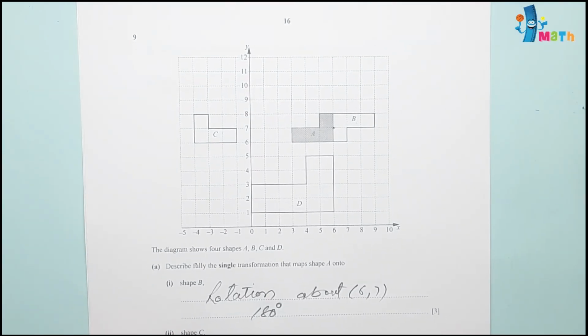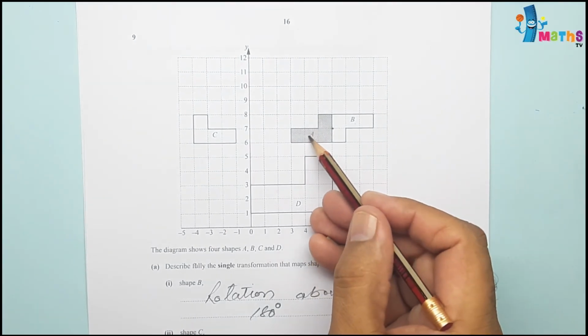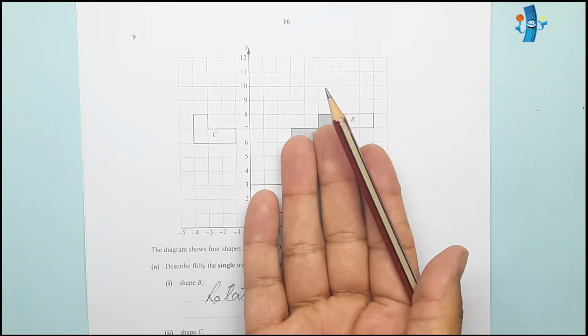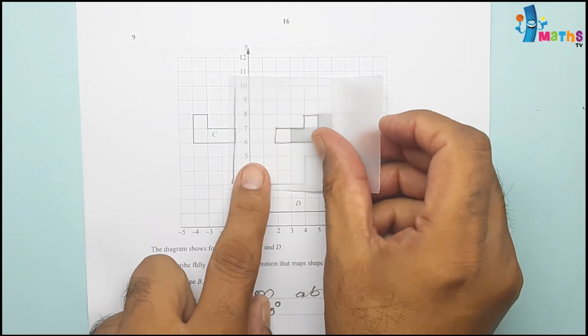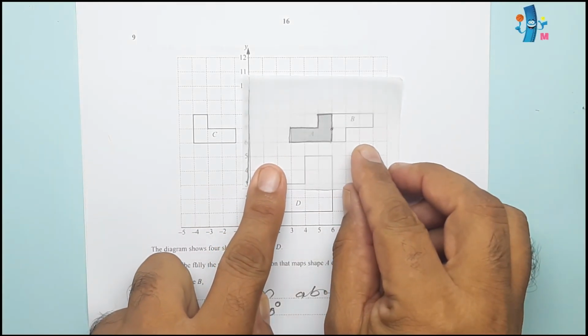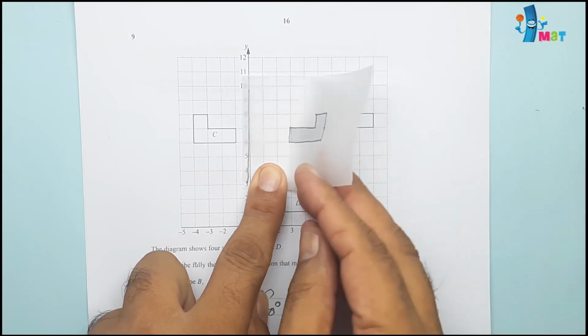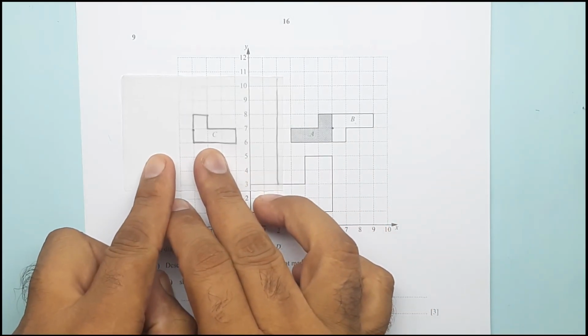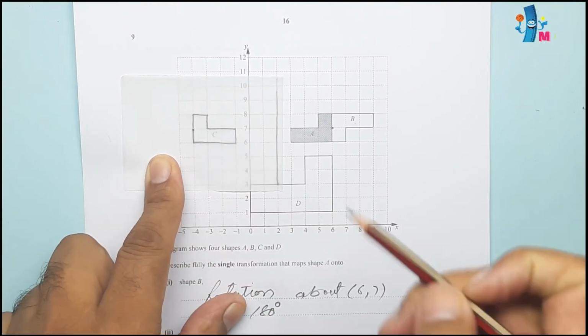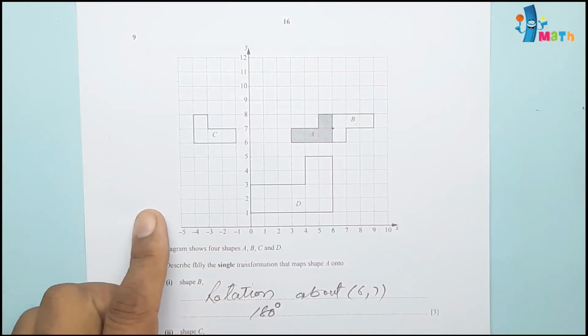So A is reflecting to this one, like a reflection of this. If you see the same tracing paper which we used for this one, if we invert it, it will reflect on it. It's the same size, but we just require the line of reflection.